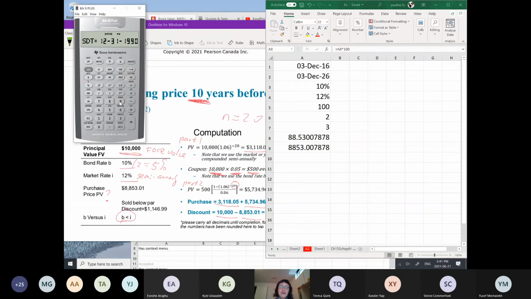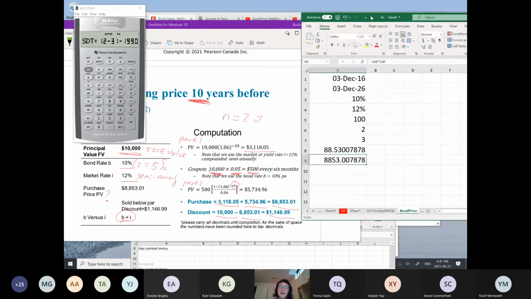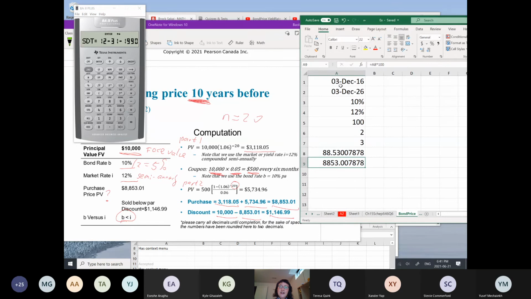In this example, suppose settlement is December 3rd, 2016. December means 12. Type in 12.0316. This is the format for the calculator: month, point, day, followed by year.